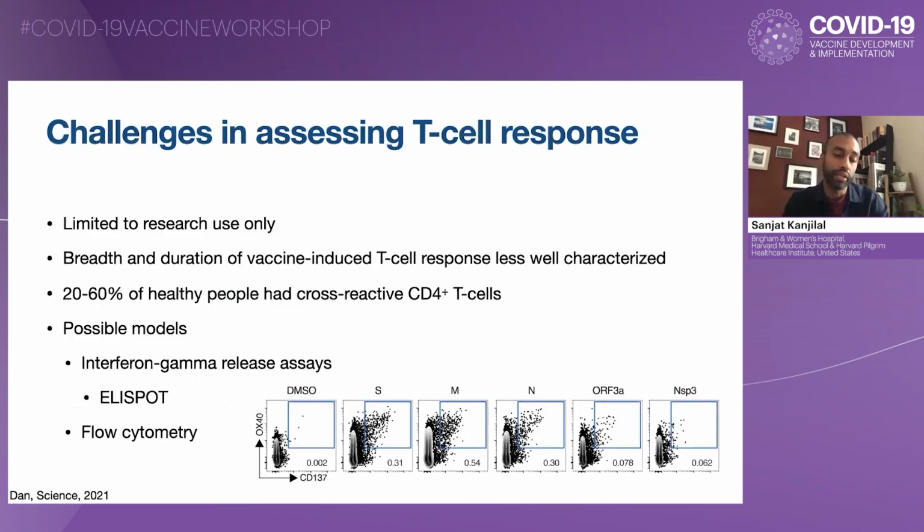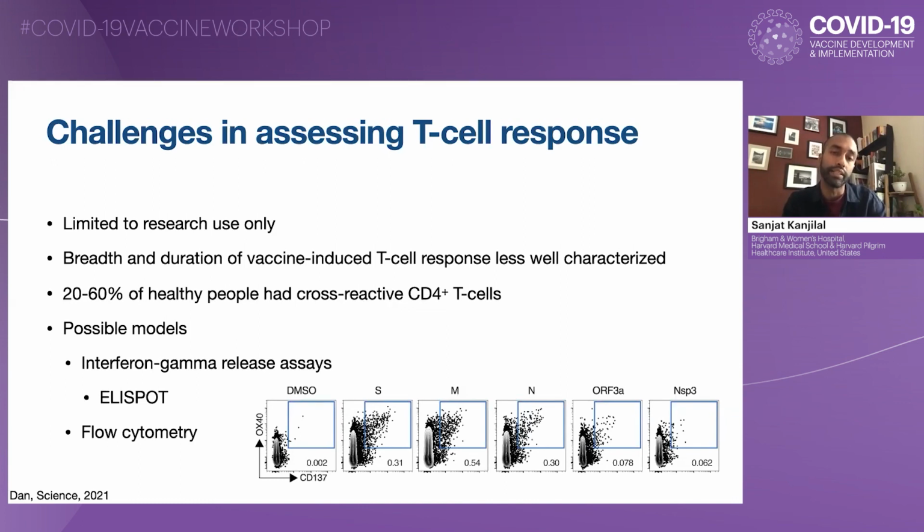The bigger challenge with assessing the T cell response, which may be very important for SARS-CoV-2, is that the vast majority of assays are currently still research use only. And while we know a fair amount about the breadth and duration of T cells to natural infection, the same level of characterization is yet to be reported for vaccine-induced T cell responses.